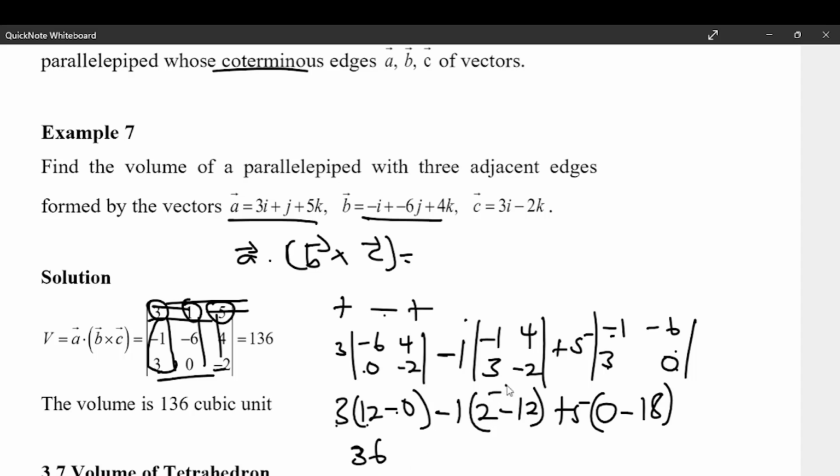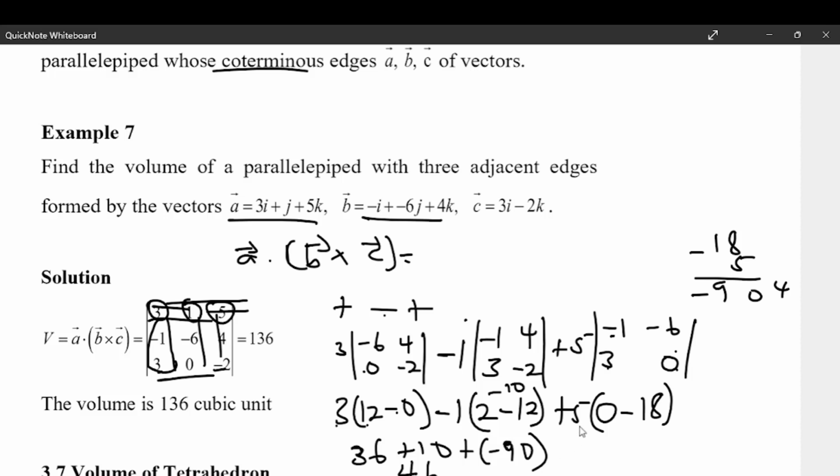And here we have negative 10, so negative 1 times negative 10 is positive 10. And then we have 5 times negative 18, so negative 90. And 36 plus 10 gives us 46.